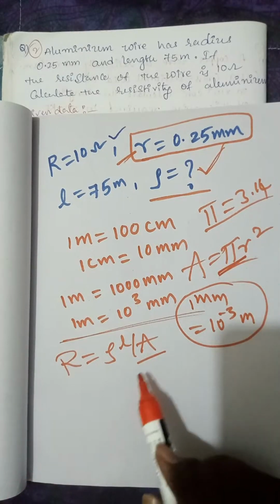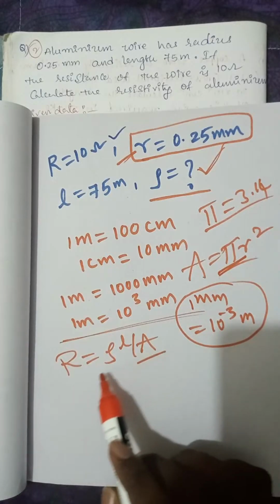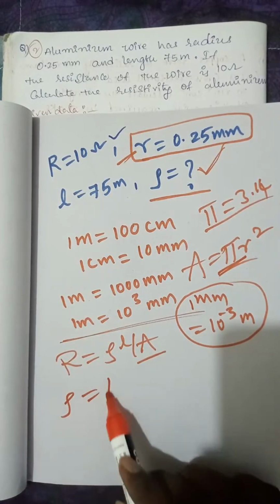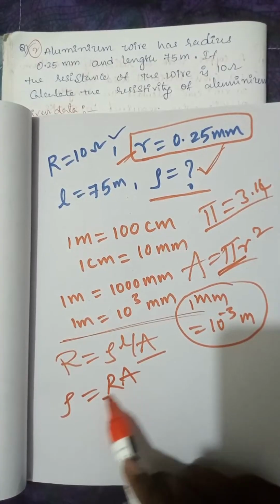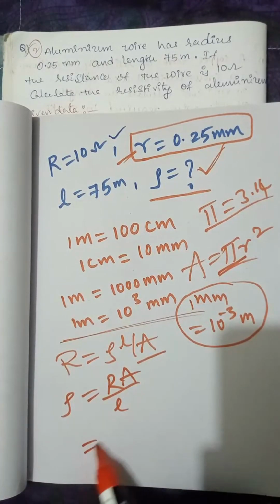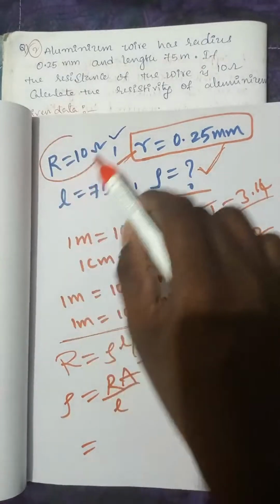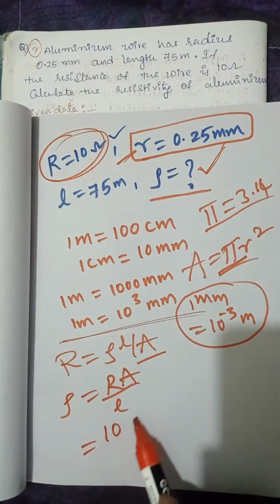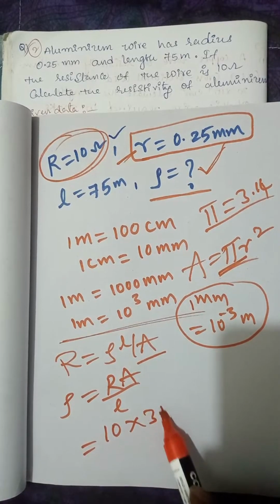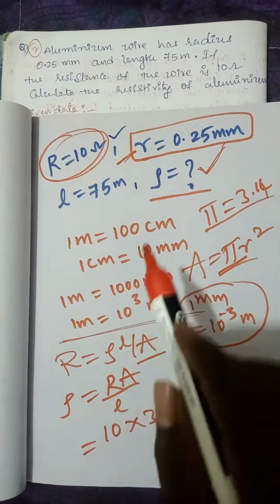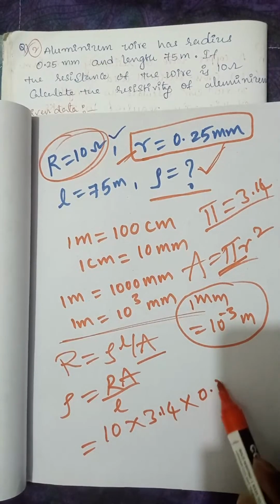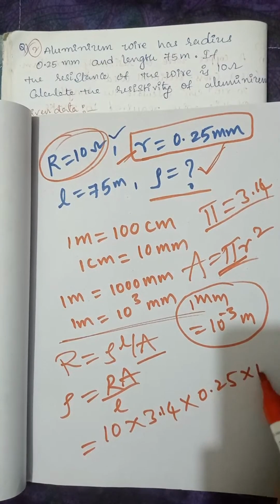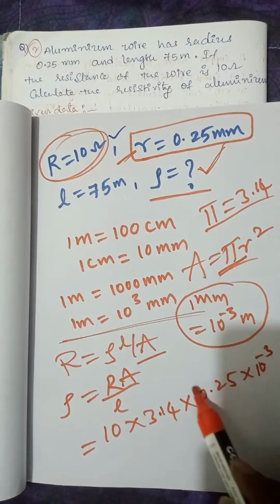So pi r square. Now you can take rho equal to RA by L. R equal to how much? The R value here is given, right? R value is 10. So 10 into 3.14 into 0.25 into 10 power minus 3 whole square.